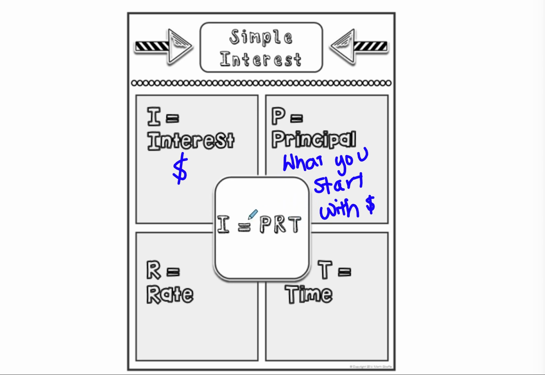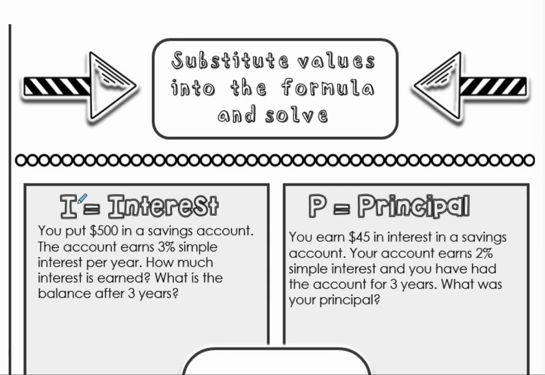The interest is that extra money earned or owed. Okay, the rate is a percent, and then the time is always in years. And sometimes it will be given to you in months, and you'll have to change it into years to put it into this formula.